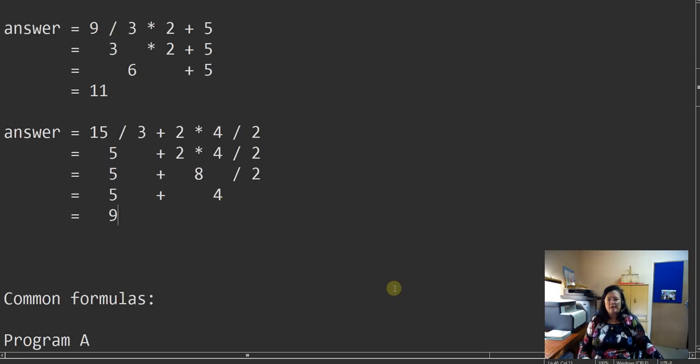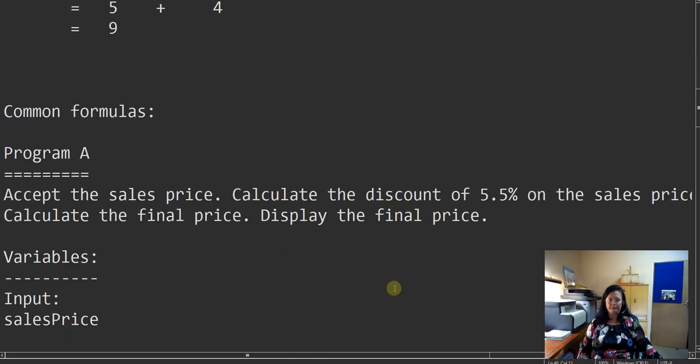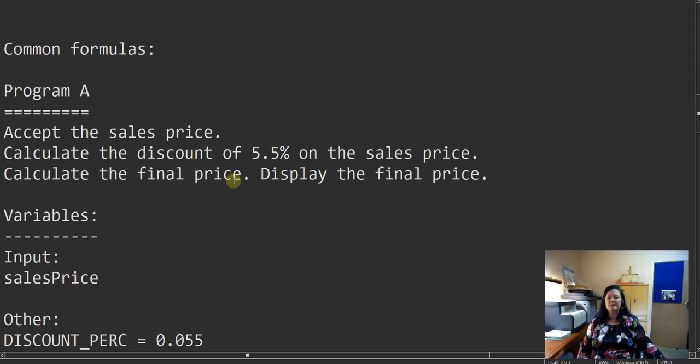Okay, I want to have a look at a few more exercises. So, let's say I've got a program that asks the following. Accept the sales price, calculate the discount of 5.5% on the sales price, and then calculate the final price, display the final price.